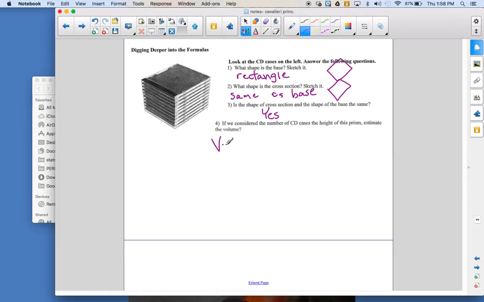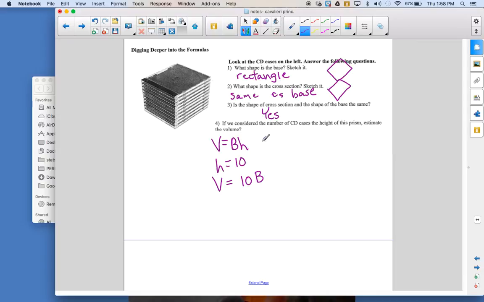Well, since the volume is the area of the base times the height, let's see, how many do we have? Maybe 1, 2, 3, 4, 5, 6, 7, 8, 9, maybe 10? If H equals 10, our volume is going to be 10 for our height times whatever the area of the base is.